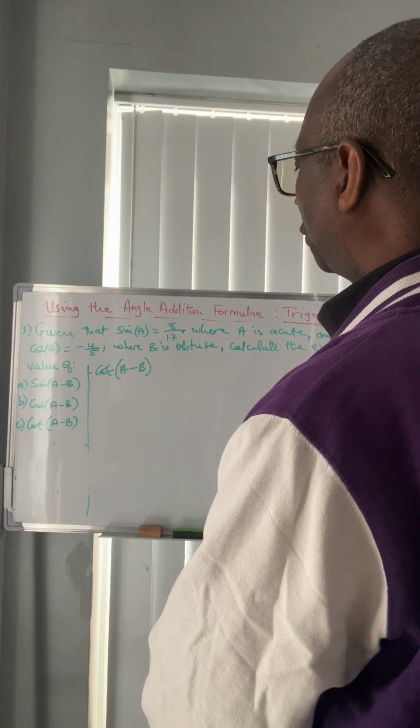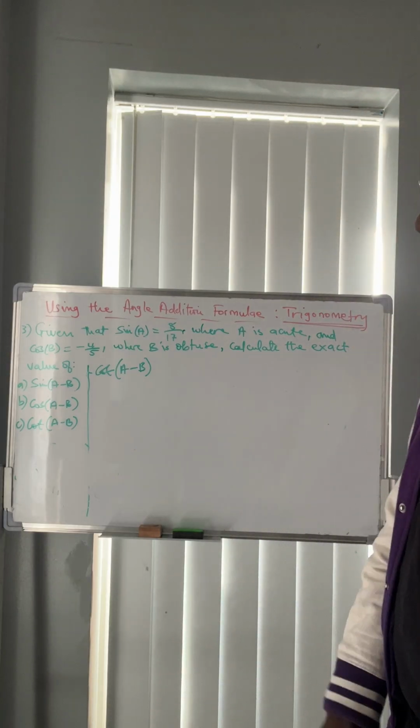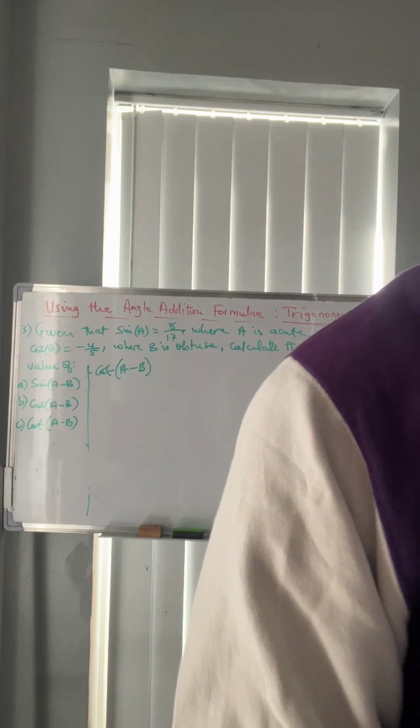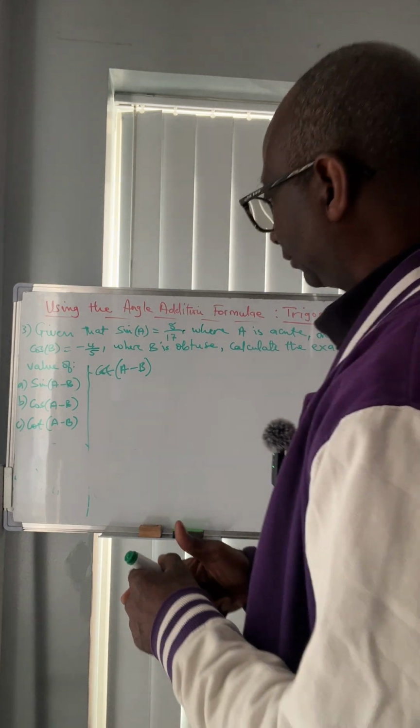But before we go on to find the cot of A minus B, let's see what answer we got for sine of A minus B, because we need that. Sine of A minus B, the final answer was minus 77 all over 85.